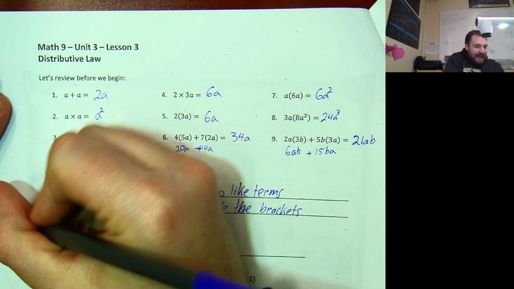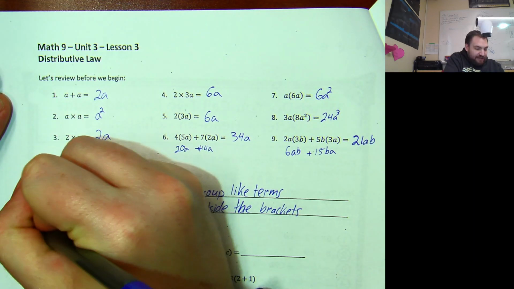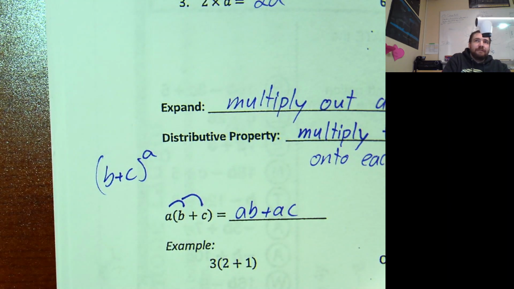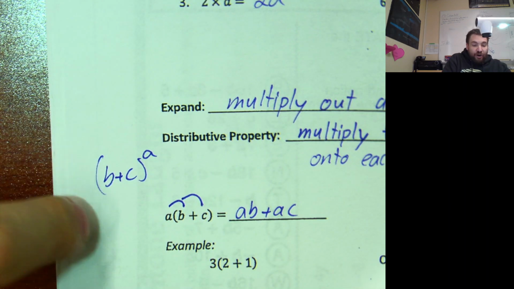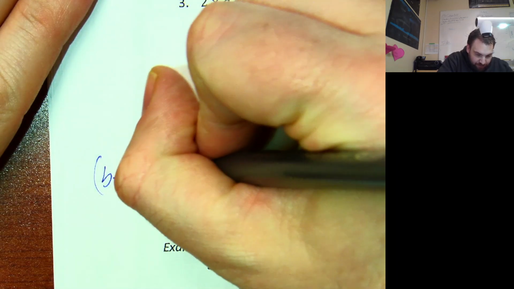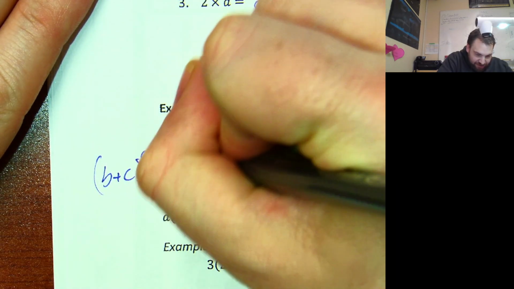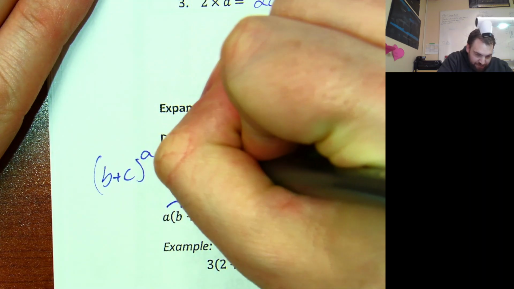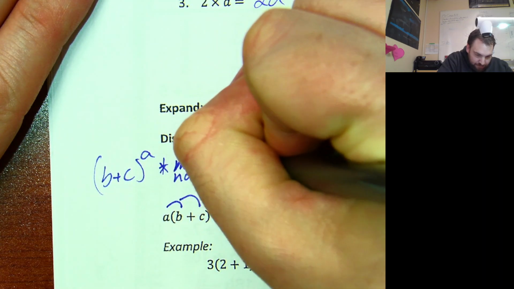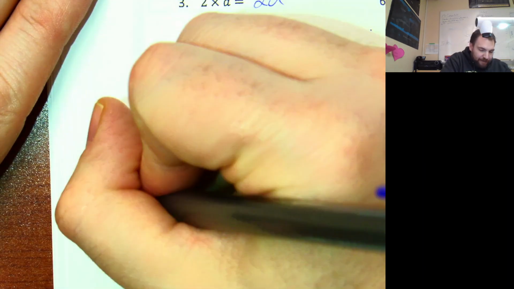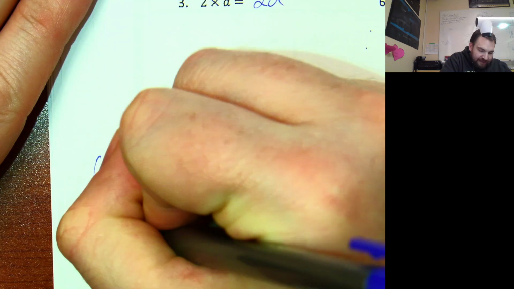So for example, if I had b plus c to the power of a, here there is no distribution. We would need bc to the power of a, and then I'd have b to the a and c to the a.